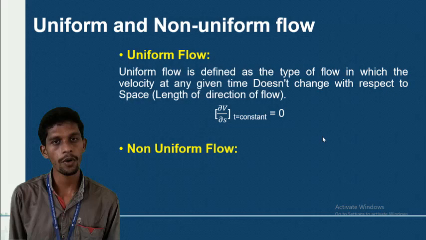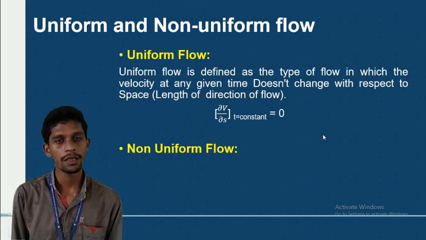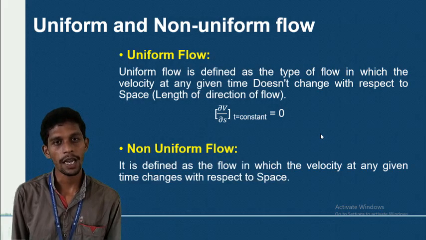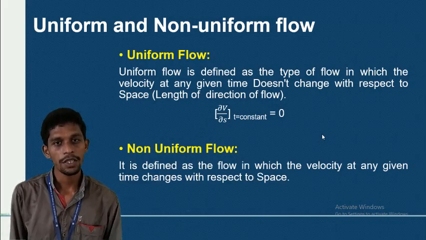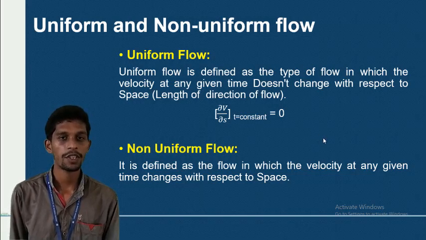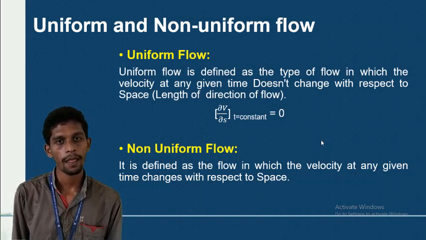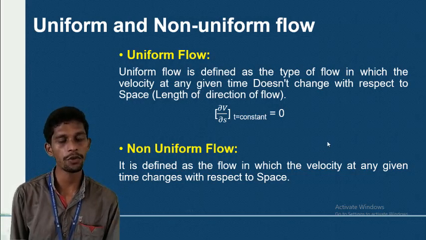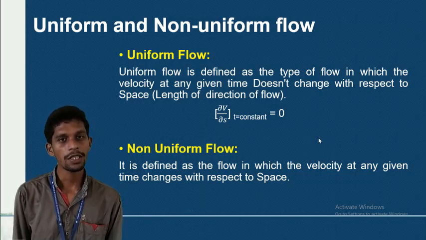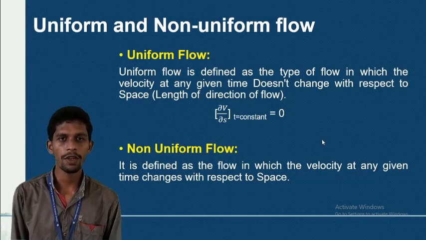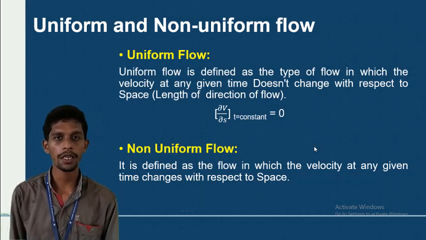The non-uniform flow is a type of flow in which the velocity at a given time will change with respect to space. That means if the cross section of the pipe changes from one end to the other, the velocity at a given point of time will change from this end to that end.